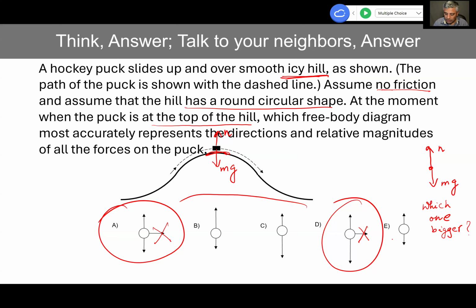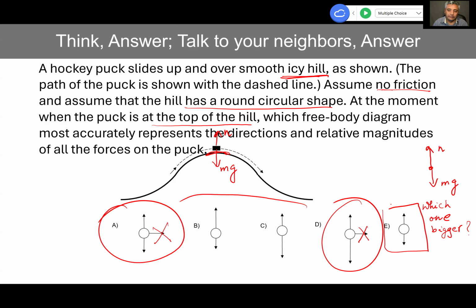Okay, so one choice is N is mg. That's a possibility. N is mg, right? So now, how do we figure out whether N is equal to mg or one of those is bigger?